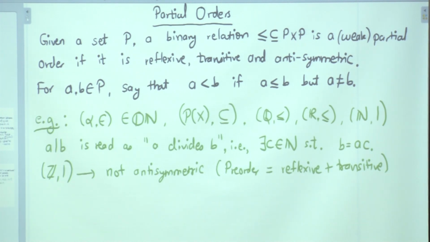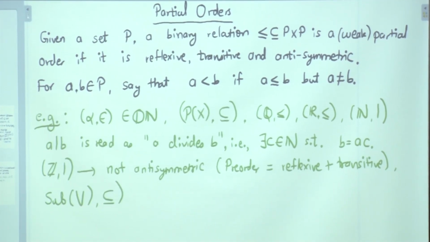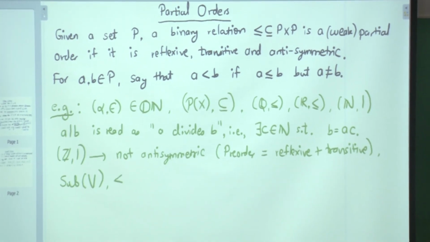Then, since you are studying vector spaces, from vector spaces I have one more example. That is all subspaces of a given vector space with respect to containment, or the subspace relation.